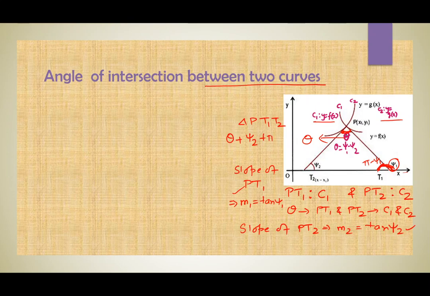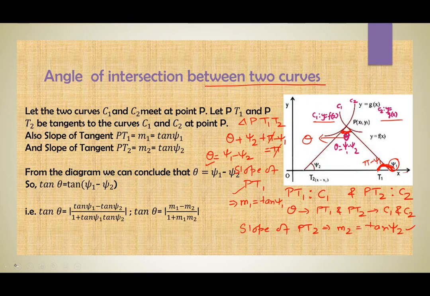I'm just going to write it quickly: theta plus psi 2 plus pi minus psi 1 has to be pi. Why is that? Because the sum of all angles of a triangle is supposed to be 180 degrees, that is pi radian. Now just cancel this out and transfer the terms. So you should get theta is equal to psi 1 minus psi 2. Now you have to remember these 3 things, and then you can proceed to this portion.